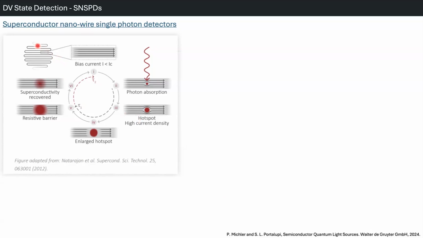So we have narrow superconductor wires. Just put it together like this. It's under a little bit of bias. When a photon absorption occurs here, you create a hotspot. You change the local temperature around it, and it will have an effect also in a neighboring region. So what happens?